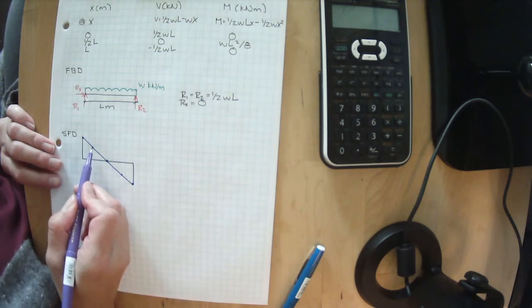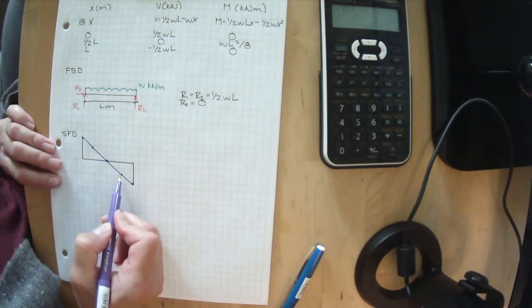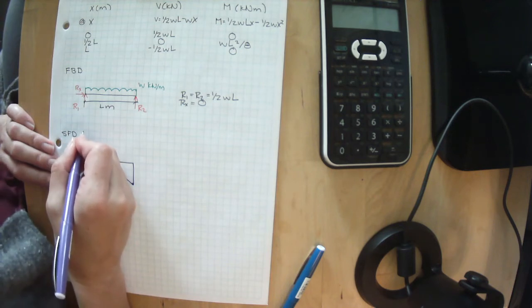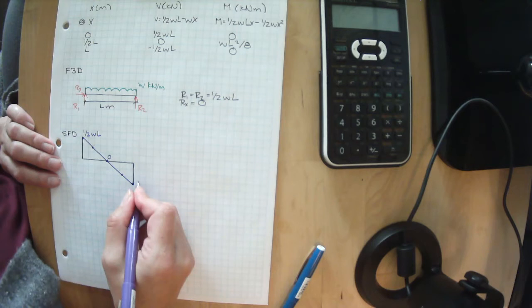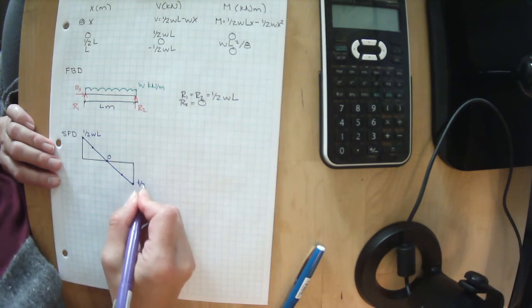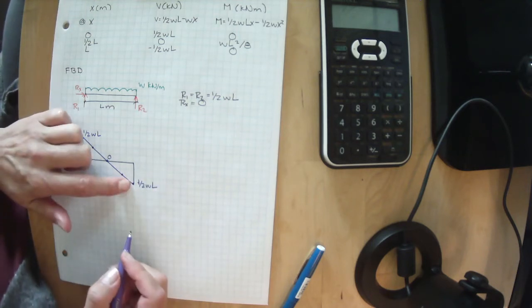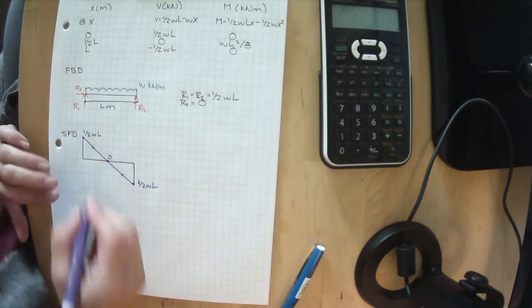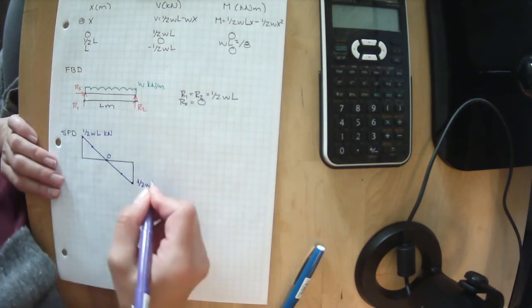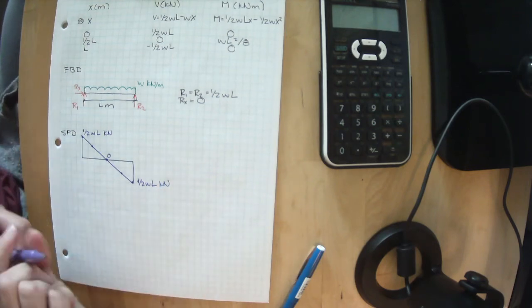That would be 1/4 WL, and that would be minus 1/4 WL. But this is 1/2 WL. This is 0, and this is 1/2 WL. Remember, it's negative, but we don't care so much about the sign of shear when we get to that point. What we care about is the absolute value, and that's in kilonewtons.